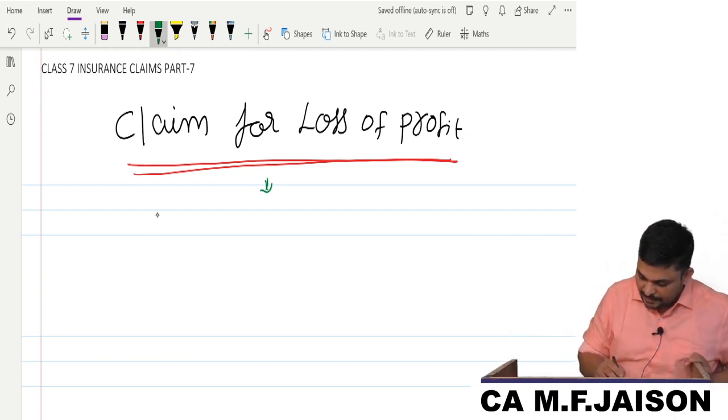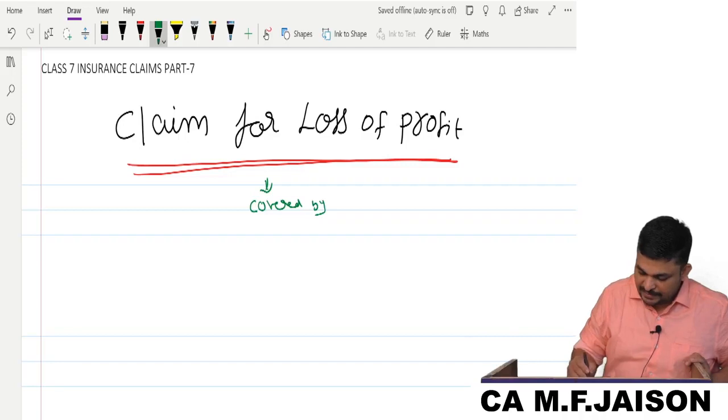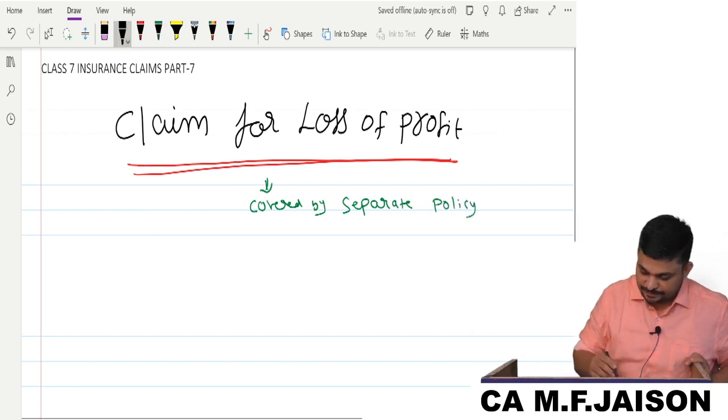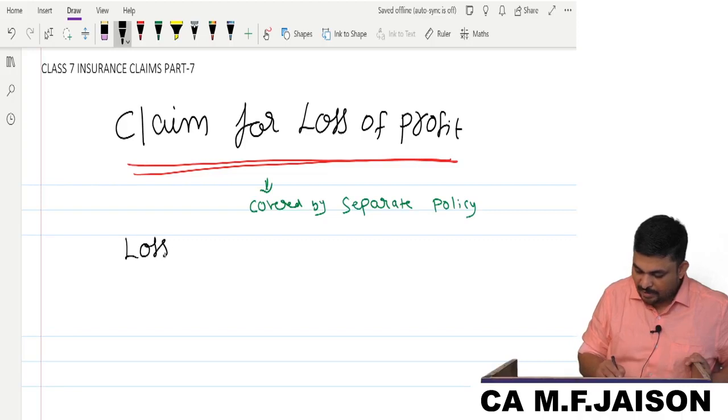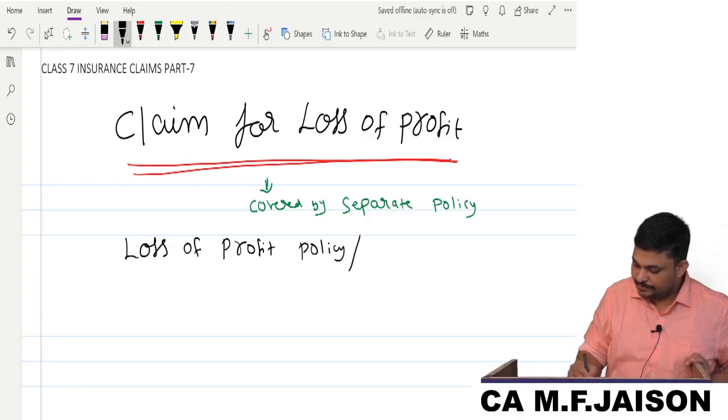It is covered by a separate policy. It is a loss of profit policy or consequential loss policy.